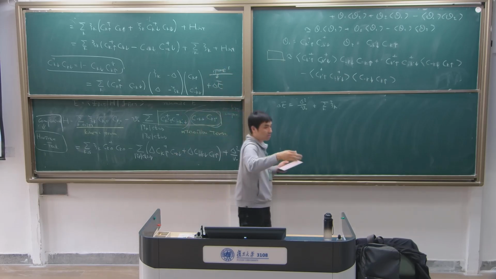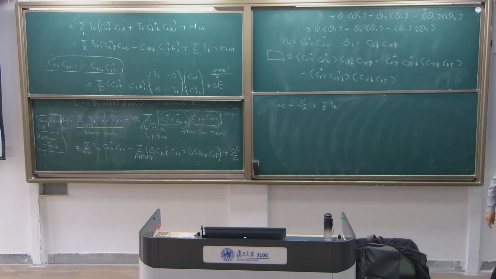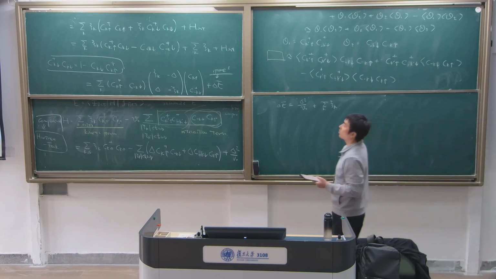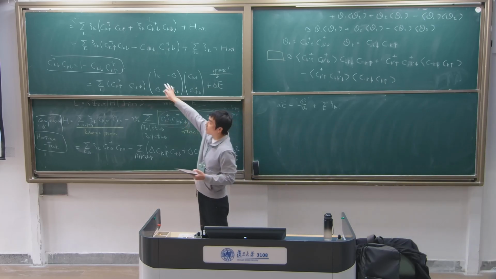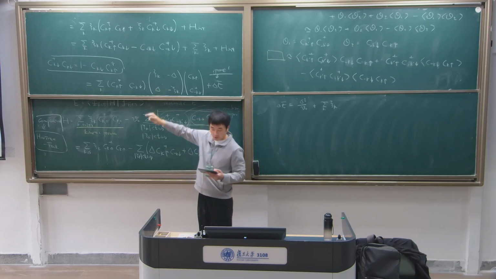It's just a constant shift of the ground energy. And try to diagonalize this matrix.